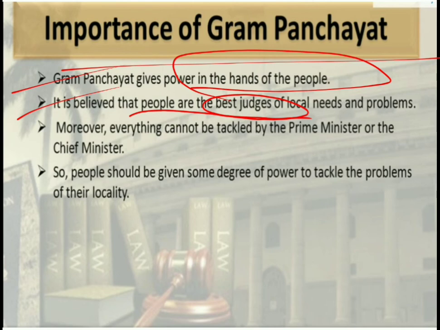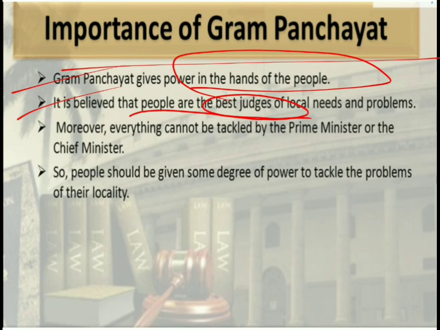For example, buses are not arriving on time, and if a person is injured, he is not able to get treatment in the primary healthcare centers, and high schools are not near the villages.